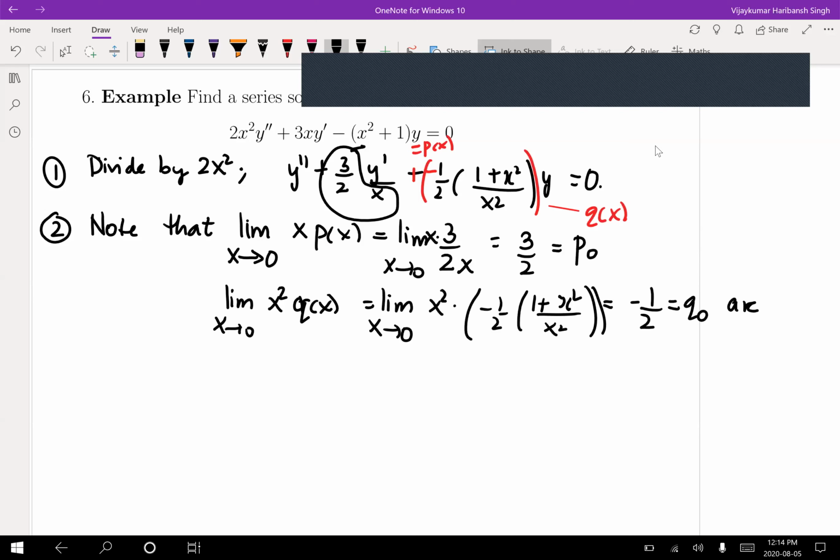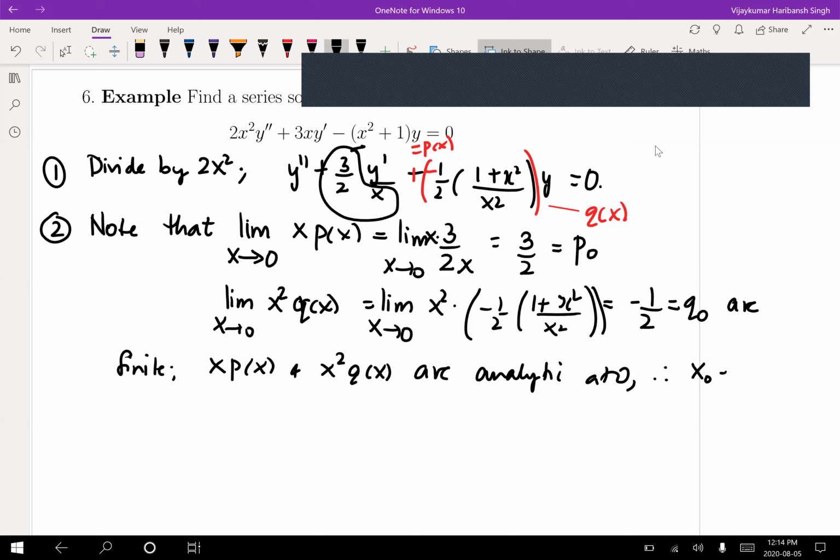Both are finite, and x p(x) and x squared q(x) are analytic at 0, therefore we have x0 equals 0 is a regular singular point.